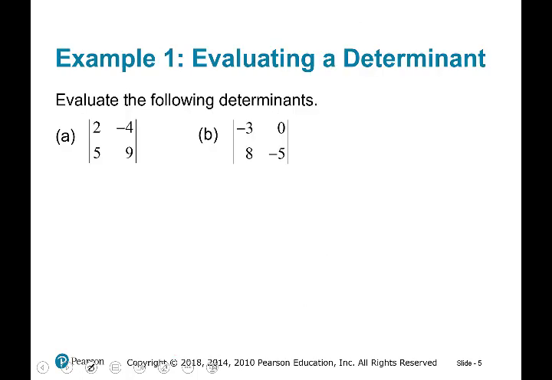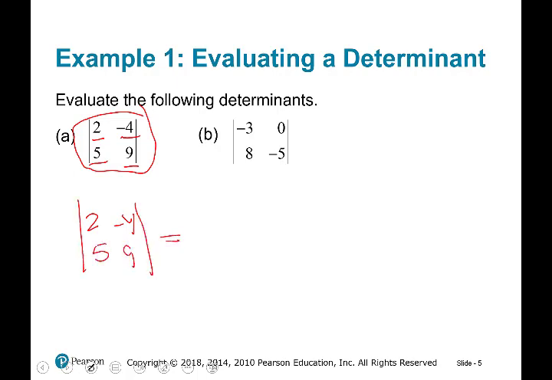For example, it says evaluate the following determinants. So we have a square matrix with the elements 2, -4, 5, and 9. So the determinant is going to be 2 times 9 minus, and here we have to be careful, minus 4 times 5.